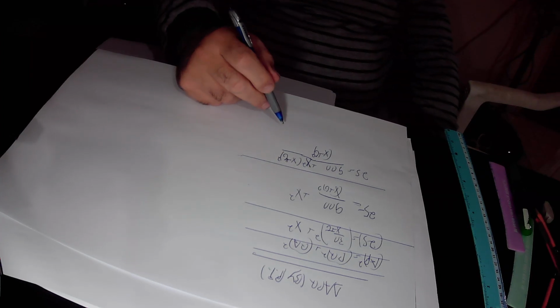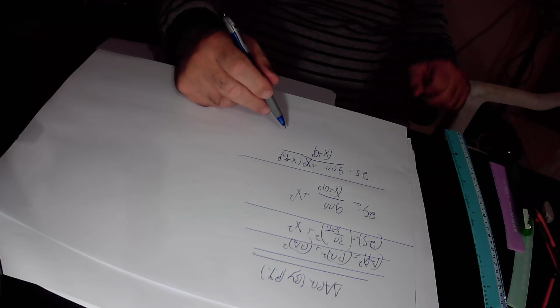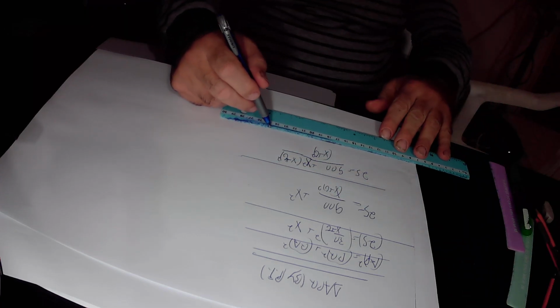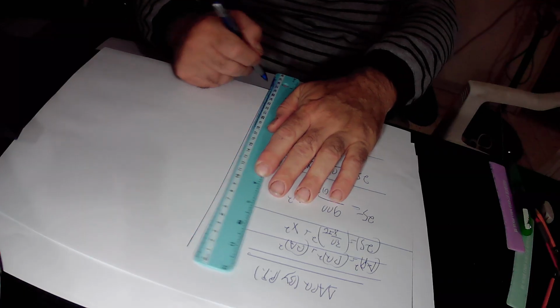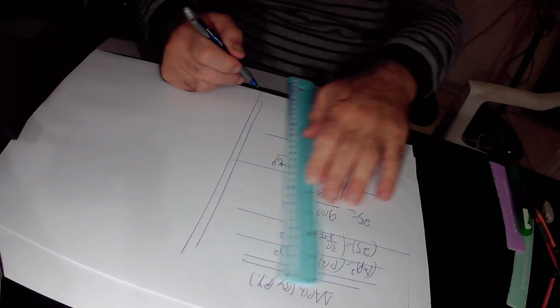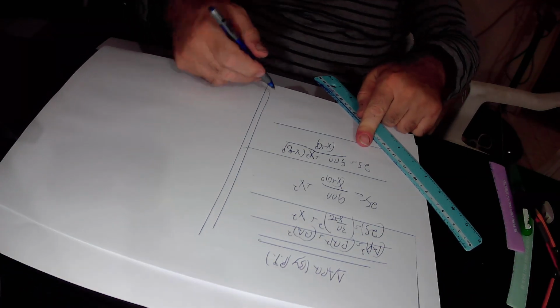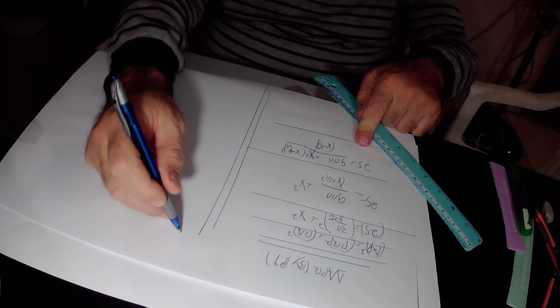So here we multiply this equation by (x plus 6) squared, and finally we get that on this side of the equation we have 25 times (x plus 6) squared.